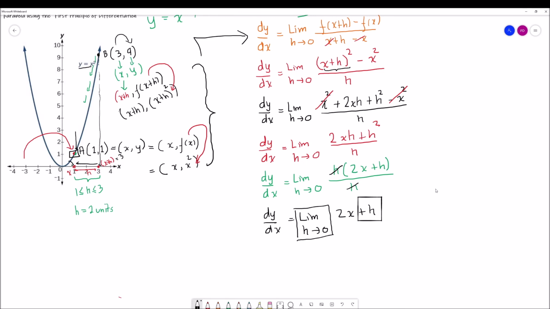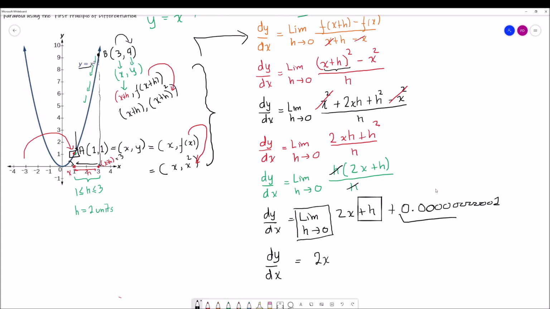Okay, so if the limit of h is approaching 0, which means it is almost equivalent to 0, our next step will be dy with respect to x is equal to just 2x. Because what is the point of adding a value of 0.00000000001?